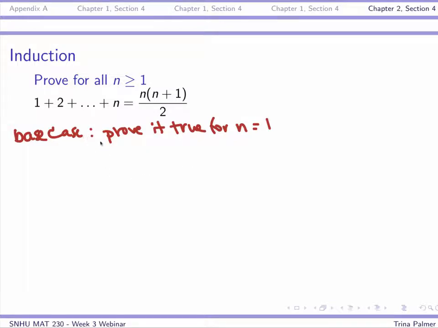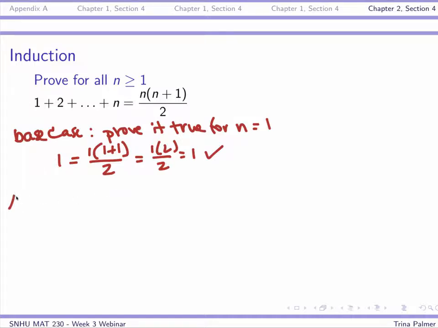If I plug 1 into n, on the left side I'm only adding one number. It goes 1 plus 2 plus all the way up to 1, but since I started at 1, I will end at 1. Plugging in 1 on the other side, I get 1 times 1 plus 1 divided by 2, which is 1 times 2 over 2, which is 1. So I just proved it for the base case.